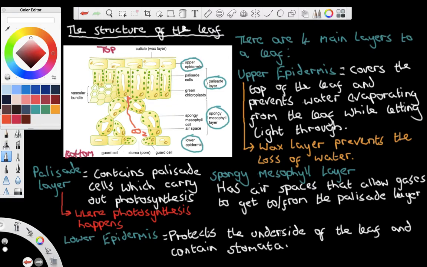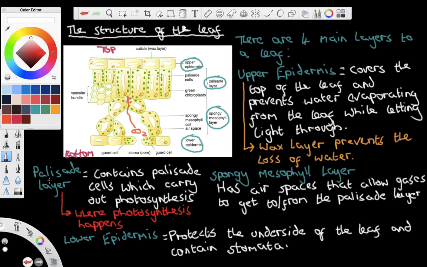Stomata. So what we've got so far, the structure of a leaf, there are 4 main layers to a leaf. The upper epidermis, which covers the top of the leaf and has a waxy layer which prevents the loss of water evaporating while still allowing light to penetrate for photosynthesis to happen. We've then got what's known as the palisade layer.